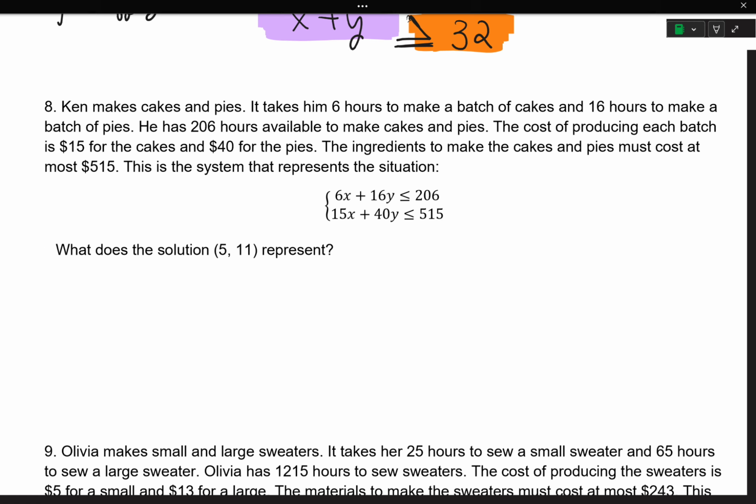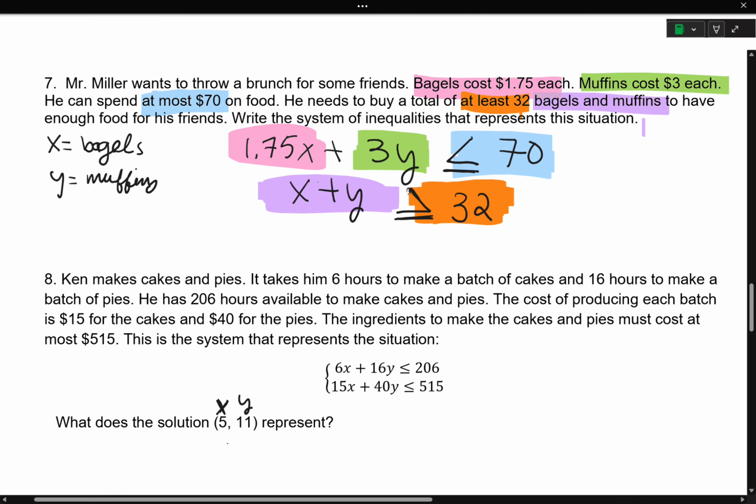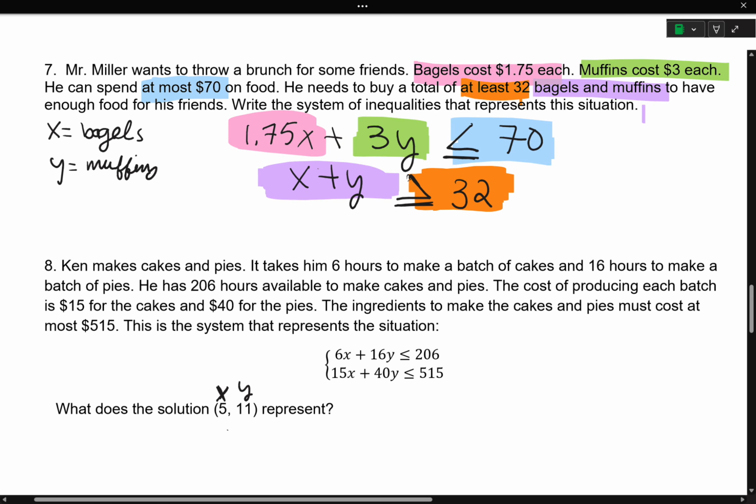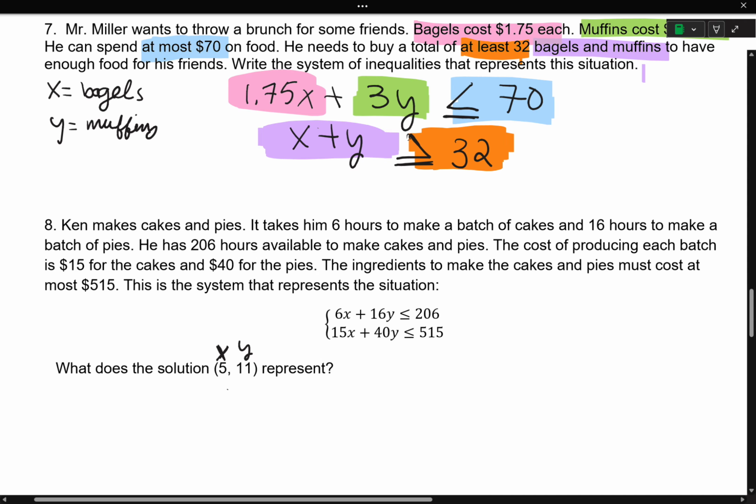What does (5, 11) represent? Well, first and foremost, I want to remind us that when we write a coordinate, it's always x and y. So I need to find out what is x and y, because like in number 7, x was bagels, y is muffins. So what is x and y in this one? Well, let's look at the inequality.